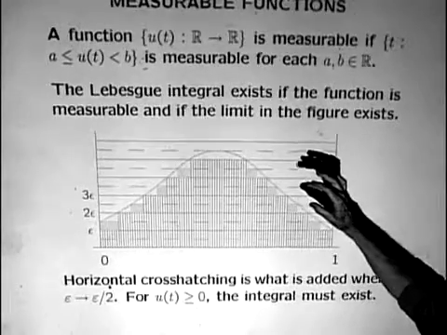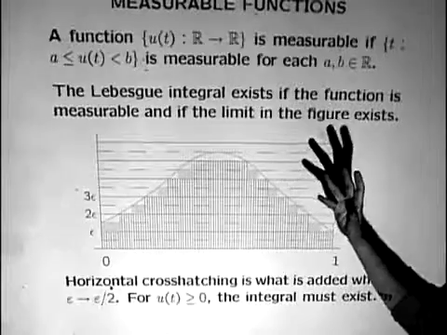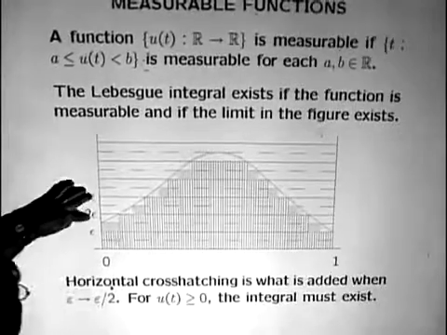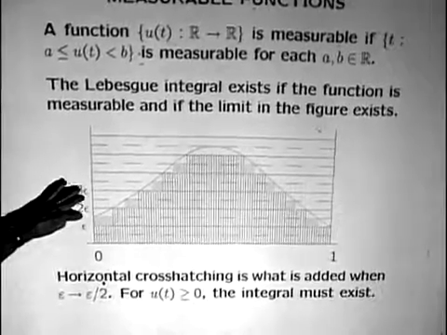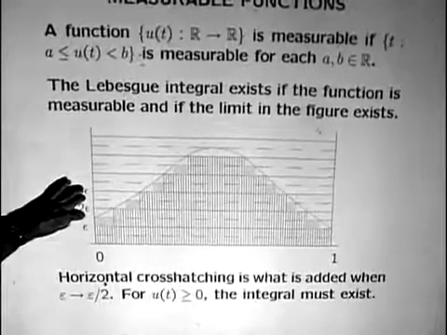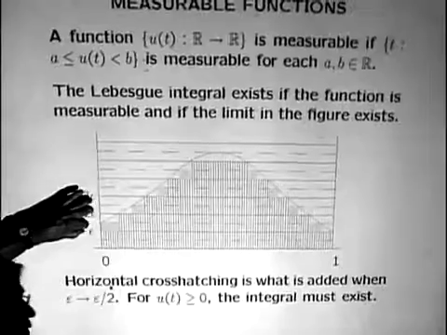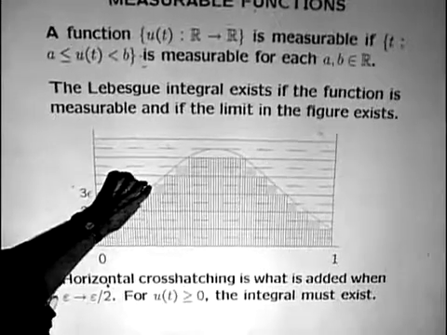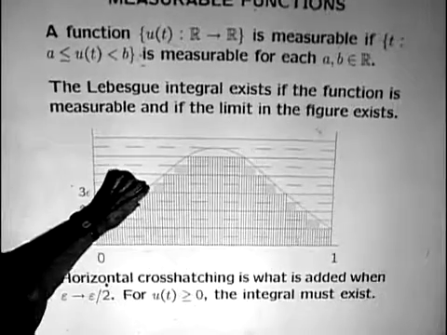Let me try to say it once more. A function is measurable if for every 2 values, say 3 epsilon and 2 epsilon, the set of values t for which the function lies between 2 epsilon and 3 epsilon is measurable.